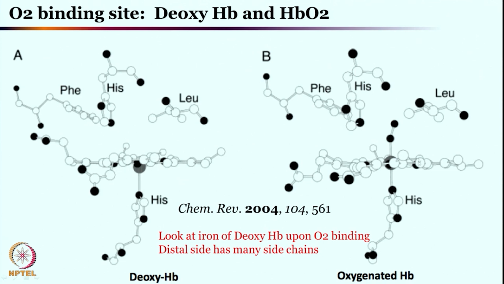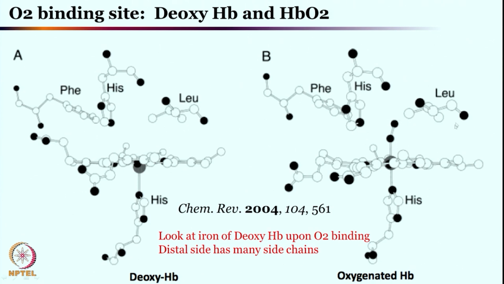Once the oxygen is binding with iron, of course at the first step there will be oxygen binding without any electron transfer, but immediately after oxygen binding, one electron from the iron center is transferred to the oxygen to make it iron 3 plus superoxo. You start with iron 2 plus, you went to an iron 3 plus superoxide species.